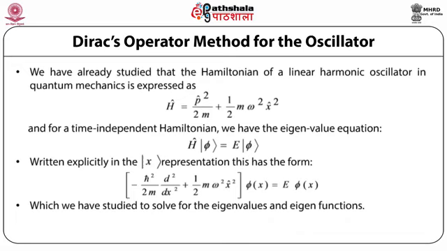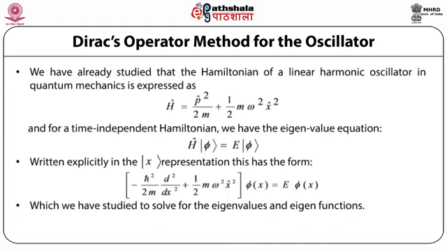For the Hamiltonian operator, this is the second order differential equation which we have studied and solved to get the solutions for the eigenvalues and eigenfunctions of the oscillator. We have studied in the preceding module that there are many representations connected by unitary transformations, in which the wave functions and operators can appear in quantum mechanics.